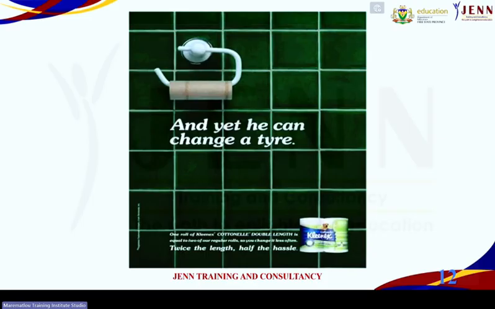This is a stereotype, and they are using this to sell their product, as it does create humor in this case. And when people laugh, they do tend to also buy products.